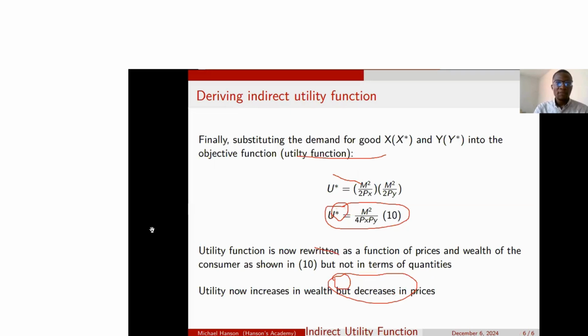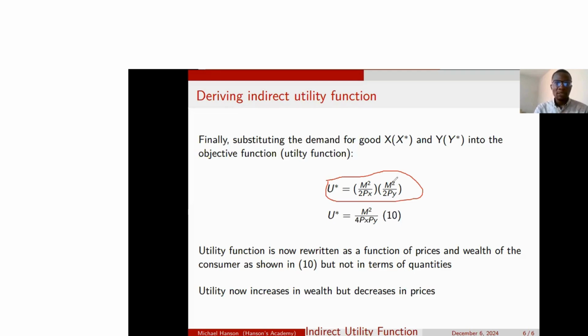In that substitution, for goods x and y, which is x star, y star, putting that into the utility function suggests that this u star will now be a function of x star, which is m over 2px, and that of y would also be m over 2py.